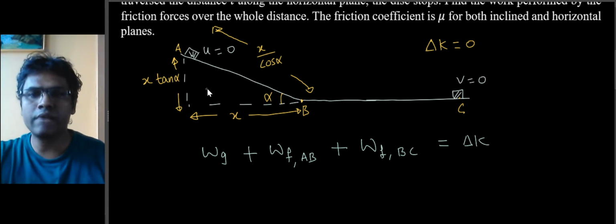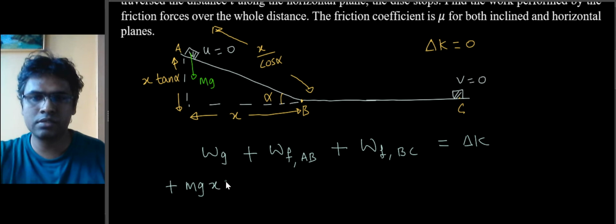Now the gravitational force is pointing in the downward direction. The displacement till it hits the horizontal level is x tan alpha. So the work done by gravitational force is mg multiplied by the displacement, which is x tan alpha.